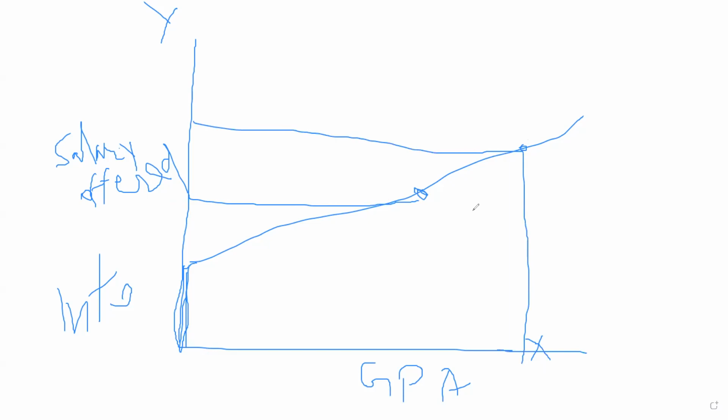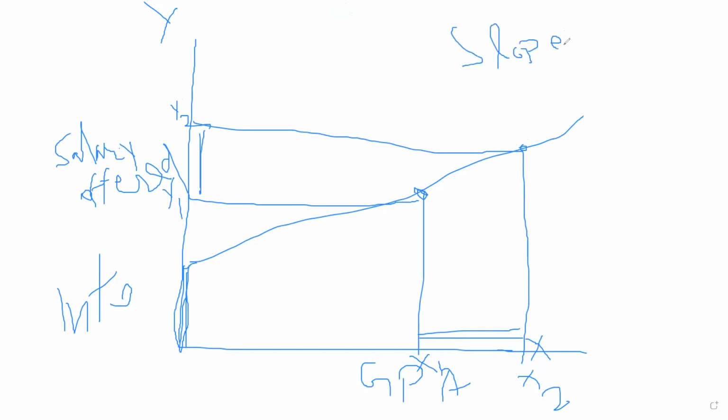So this is Y2 and Y1, this is X2 and this is X1. This difference and this difference is called the slope. Slope equals delta y, the difference in y, divided by the difference in x.